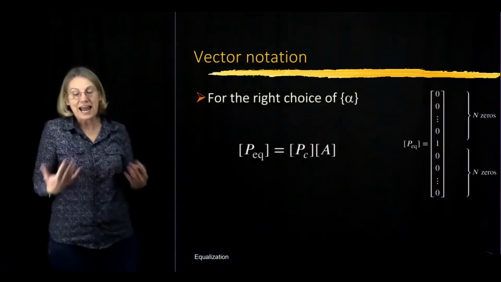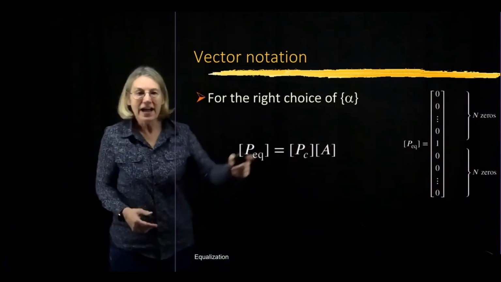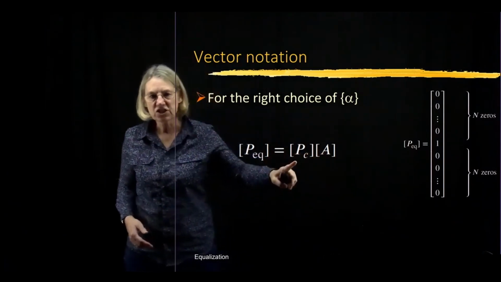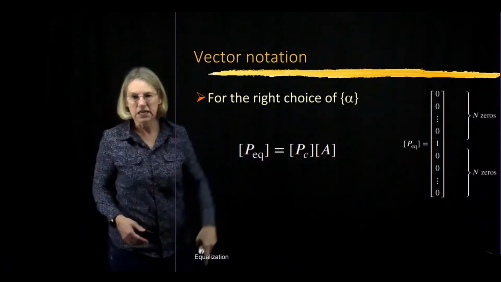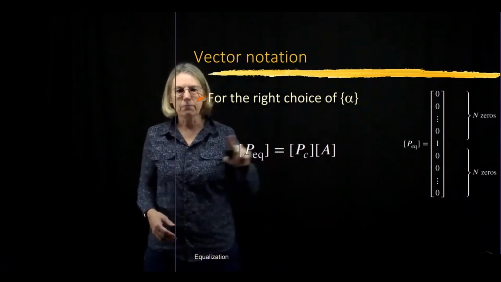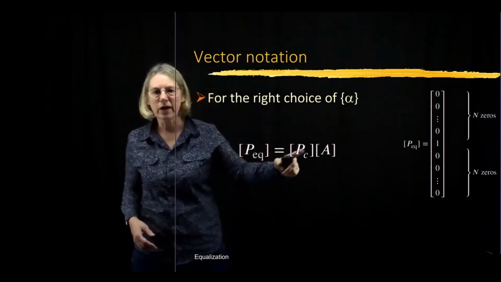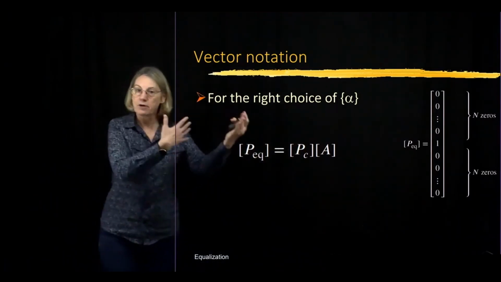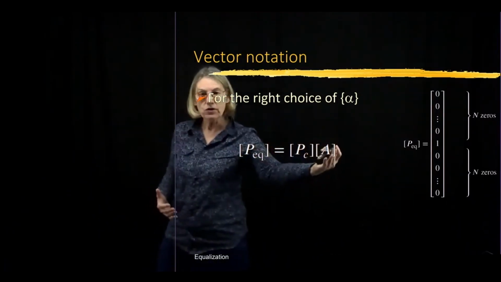So that means that now I have a way of finding what the coefficients A are. My knowledge of the channel allows me to write PC. And from PC, suppose I pre-multiply both sides of this equation by the inverse of the matrix PC, in that case I'm going to be left with A alone on this side.